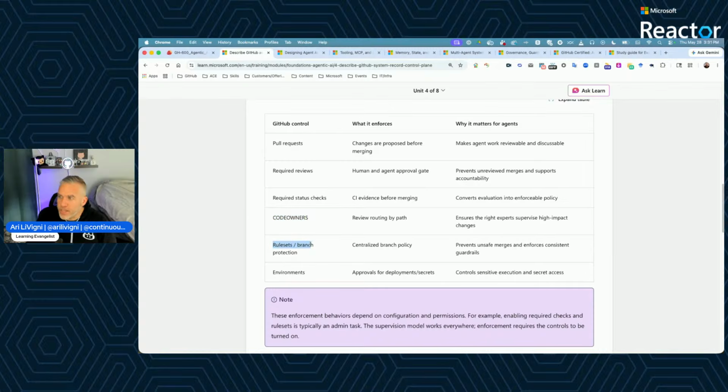But again, rule sets and branch protection. The GitHub platform in general has done a great job with the policy engine that drives making sure we're not merging code that's not ready, right? And the rule sets are an example of that. The branch protection that you can build into a rule set, having Copilot automatically review your code or your pull requests.